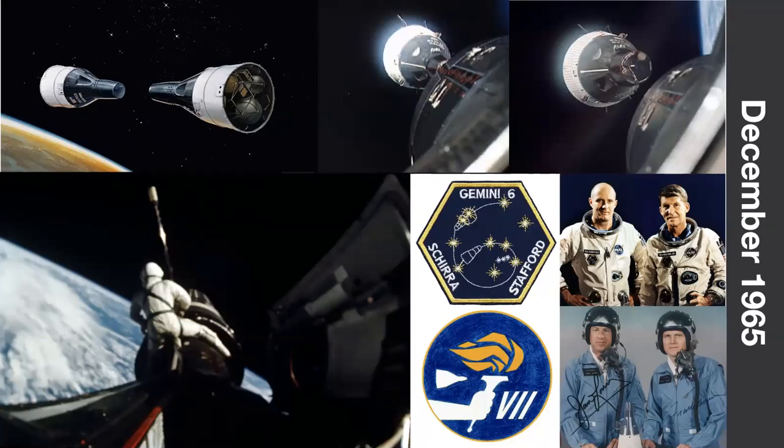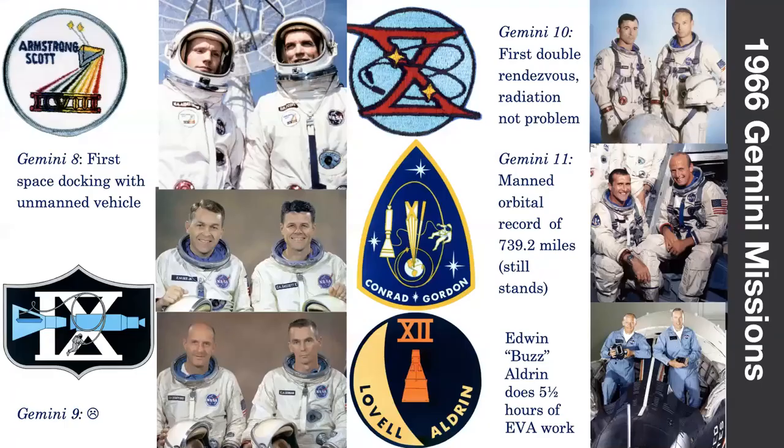Gemini 6 and 7 docked. That was our first, several years after the Soviets managed to do theirs. So the United States wraps up 1966 with a couple of firsts, finally.